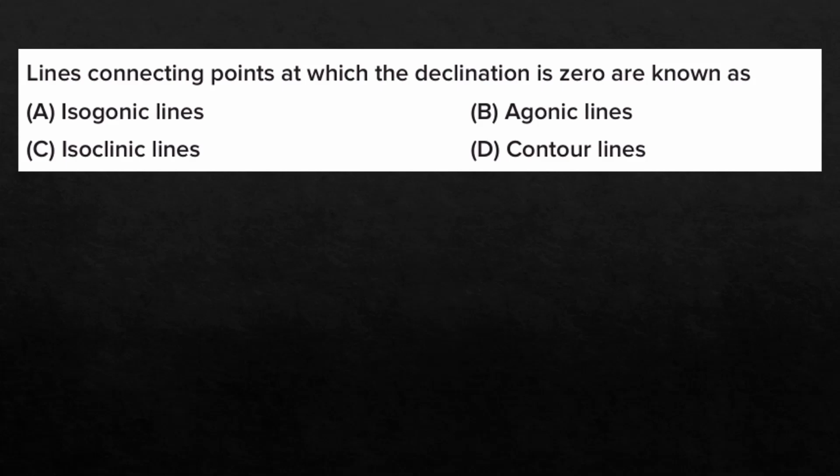Lines connecting points at which the declination is 0 are known as agonic lines. Here the first option is isogonic lines. Isogonic lines are lines that connect points of equal magnetic declination.